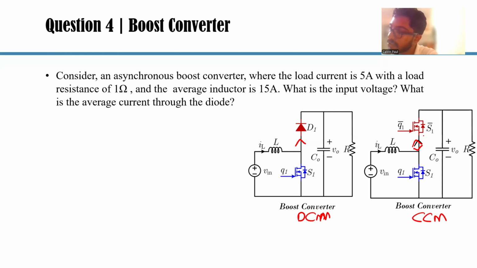The current will go through the body diode of the switch, but if your gate signal is high, it will also go through the channel of that switch, and that channel has lower on resistance compared to a diode. So it is more efficient. That's why we prefer this configuration. That is one advantage of it.